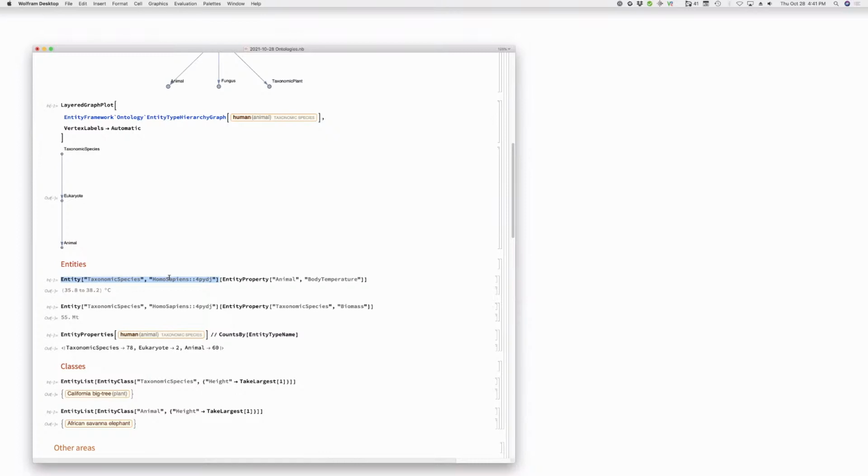There's nothing that says that gold as a color and gold as an element have to have distinct string names. They're distinguished by the fact that they're in different branches.